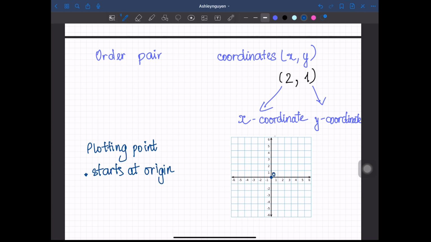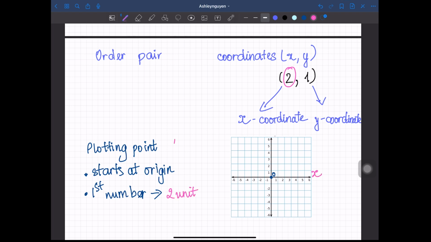And the first number lets you know how many units you move across to the left or right along the horizontal line. So the first number here is 2, so you move 2 units across the x-axis.